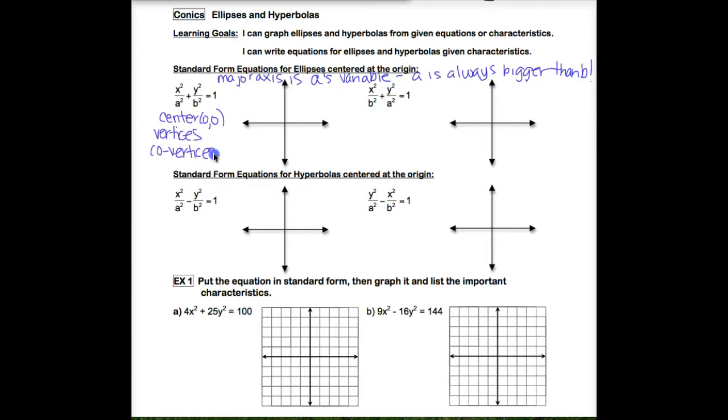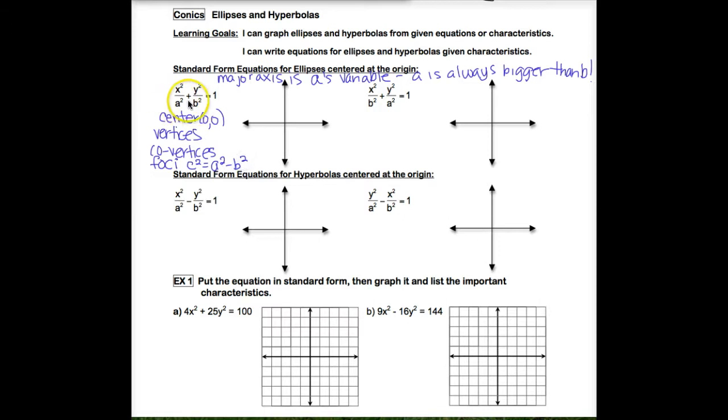So we're going to have vertices and covertices. We're also going to have foci, so instead of just a single focus, and I've heard it pronounced foci too, so I'm not sure if it really matters or not. We're going to have those as well. You find the foci by using the equation c squared equals a squared minus b squared.